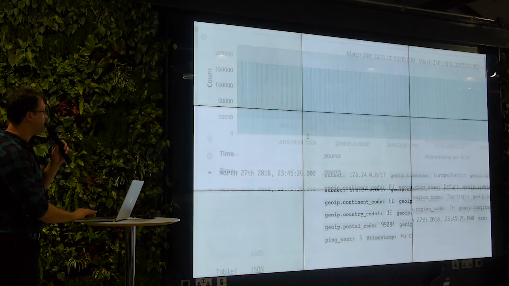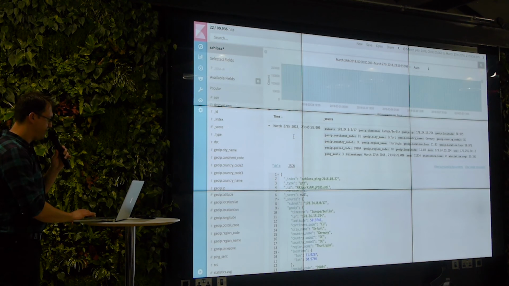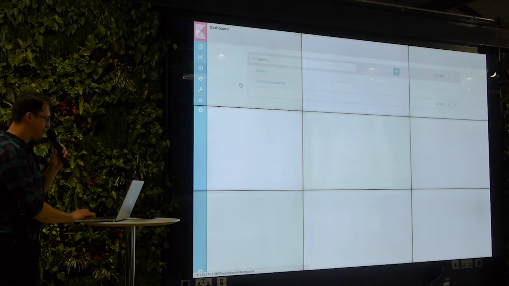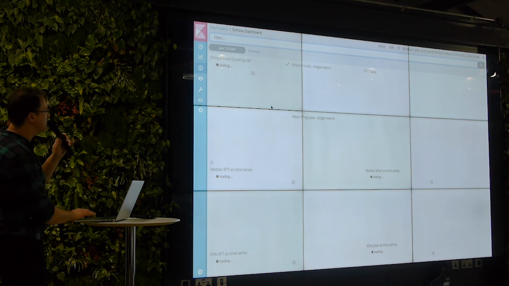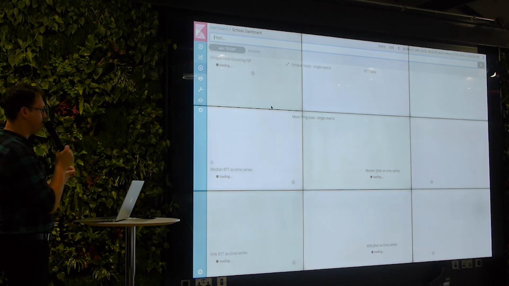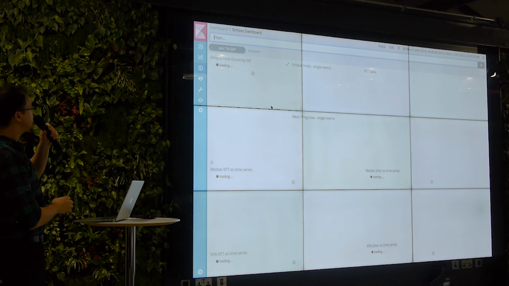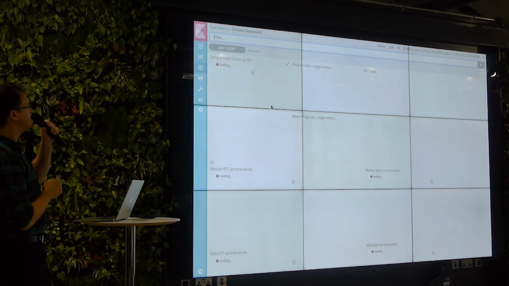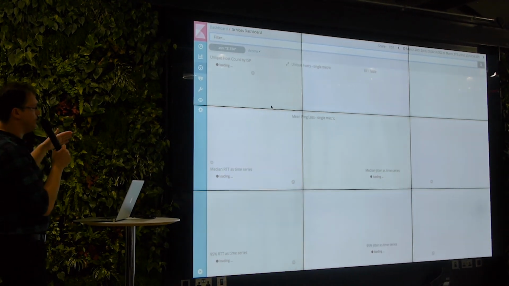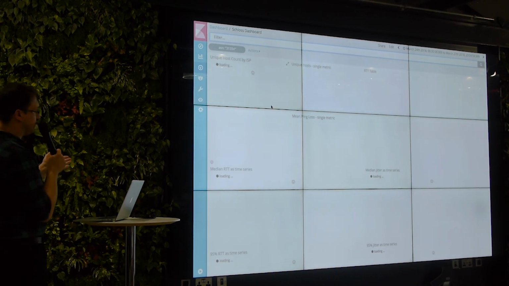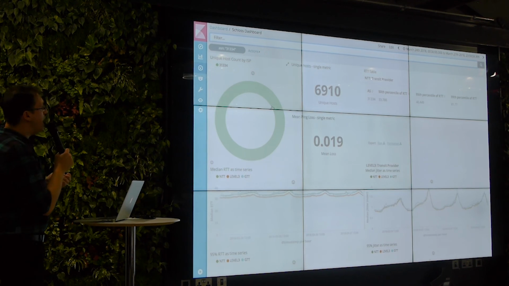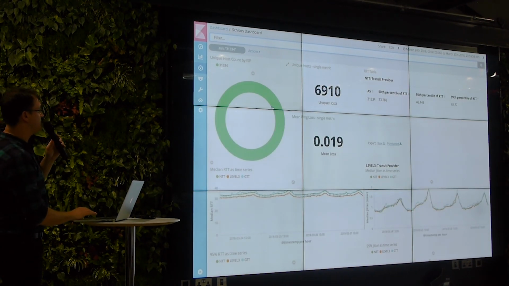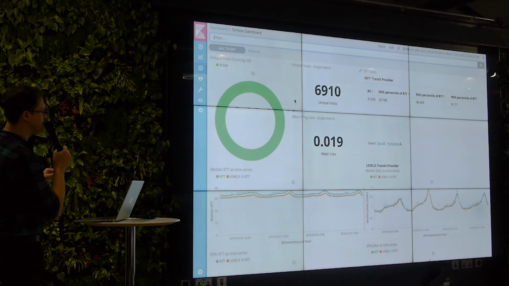So let me go to the dashboard. This is running in the lab, on not very powerful machines, so it might take a little while to parse this data. This is one of the ASNs that we're targeting. Because Sky also has a footprint in Germany, we are doing some constant measurements for analysis. This is one of the ISPs where we have subscribers watching the video stream.